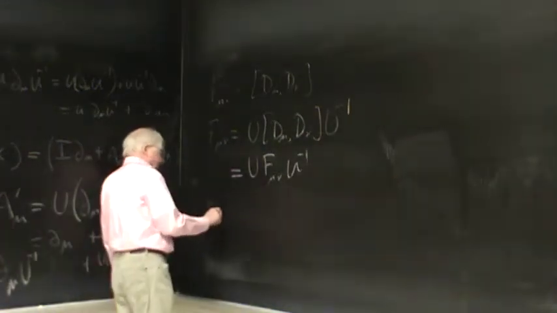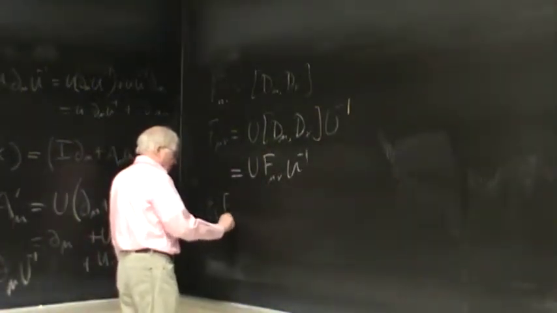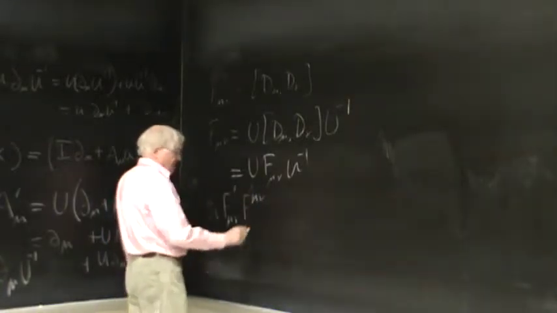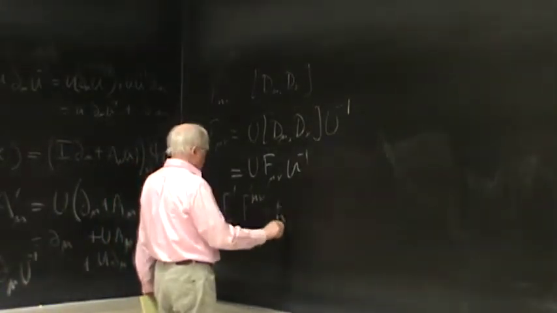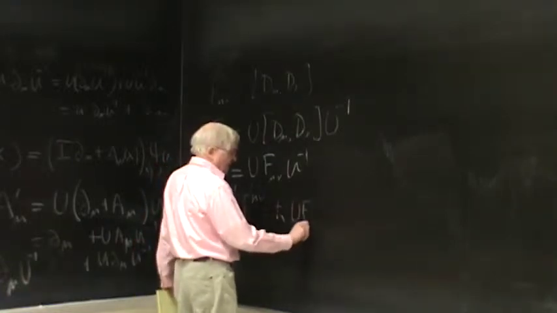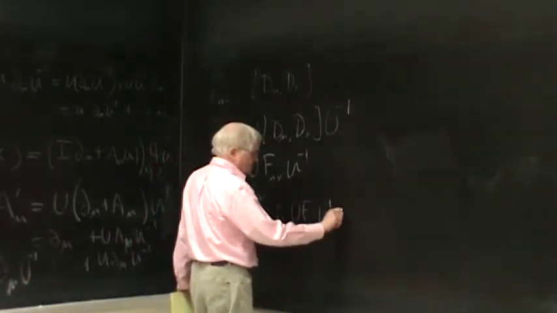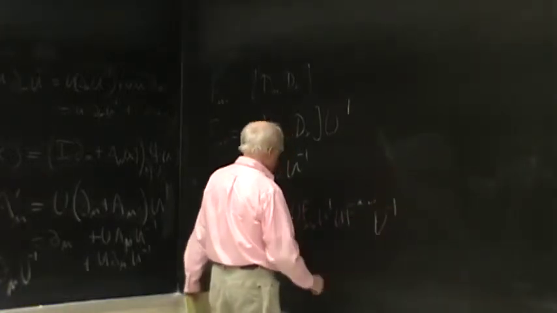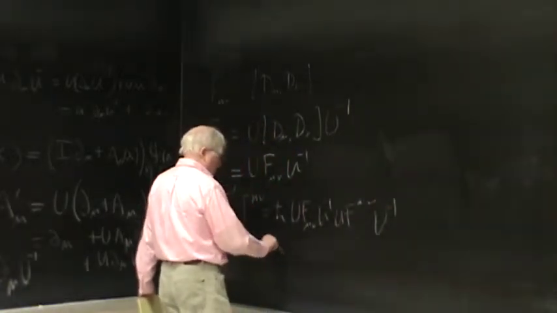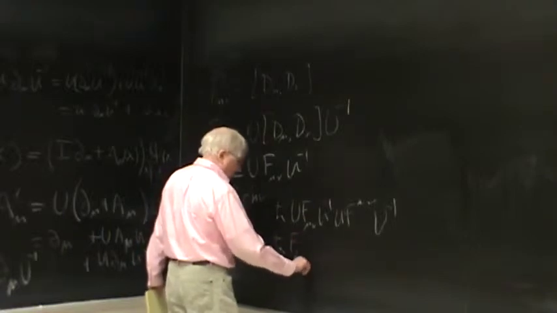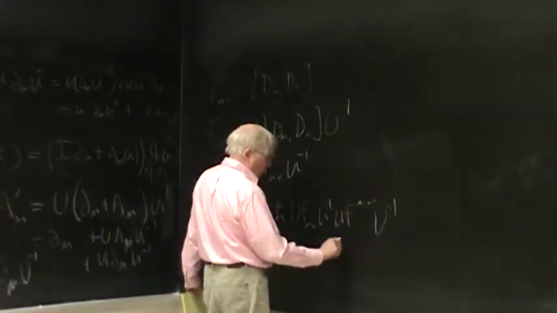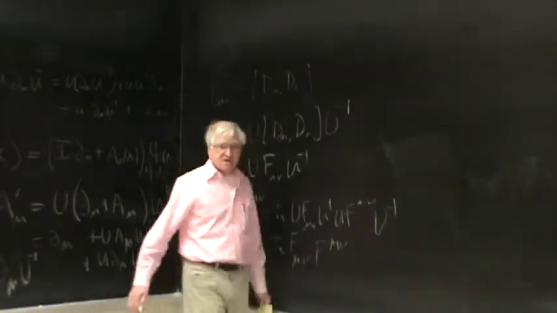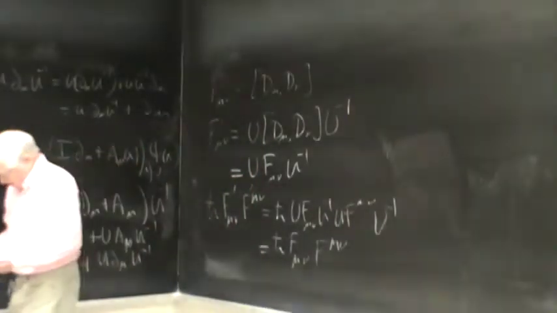So trace of F mu nu both primed is trace of U F mu nu U inverse U F mu nu U inverse, and this of course is just trace of F mu nu F mu nu because they cancel and you can bring this one over here because it's a trace. All right.